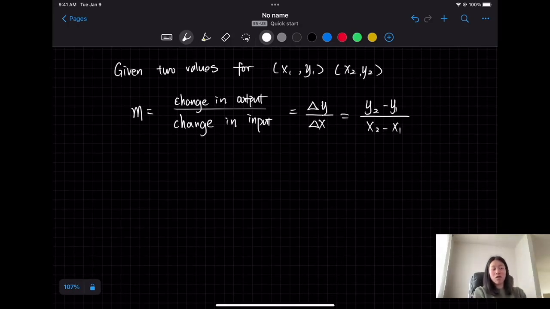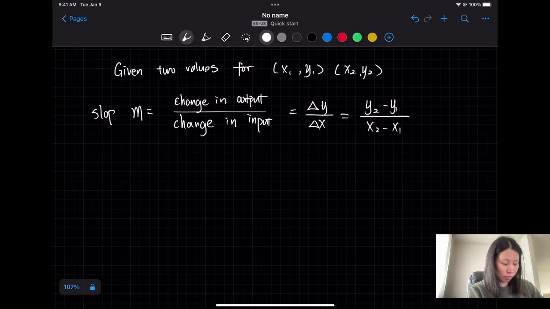Okay, the rate of change of a linear function is called the slope of the line. So this is our slope. And you notice that our y1 is equal to f of x1. That's how we use the function notation.